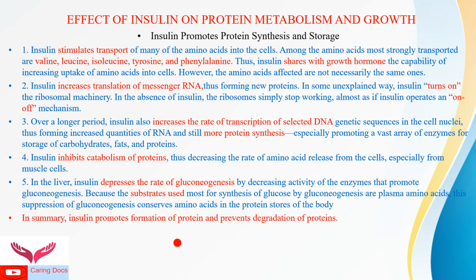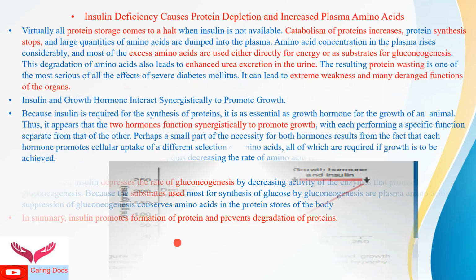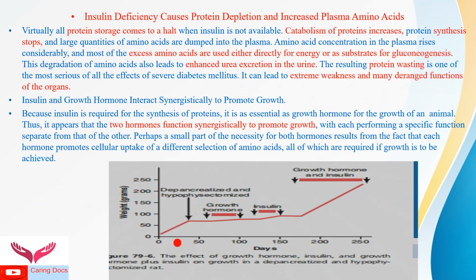In a nutshell, we can say that insulin promotes the formation of proteins and prevents catabolism, that is the degradation of proteins. And in cases of insulin deficiency, we see protein depletion and an increase in the level of plasma amino acids.